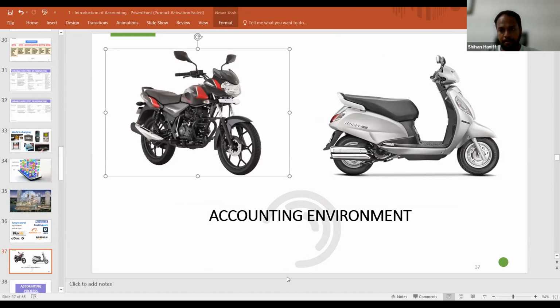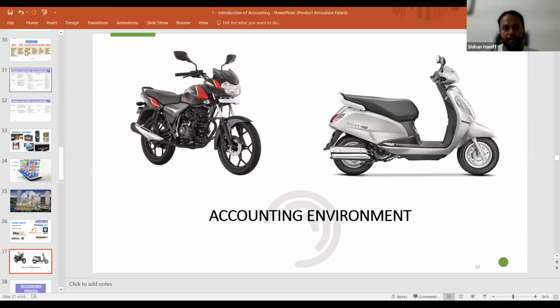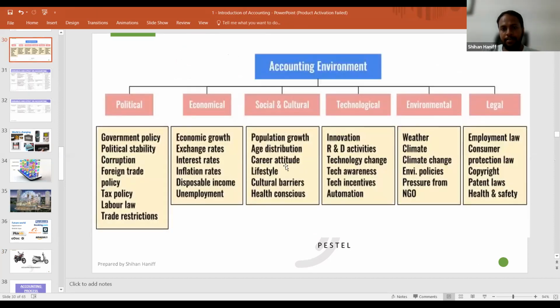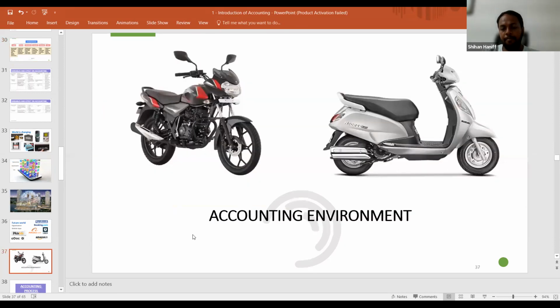Technology. Okay, good. Tell me, don't just say technological, what technology? Social and cultural means what happened in the social and cultural environment? For example, we can say in social and cultural, women's education and women empowerment increased.